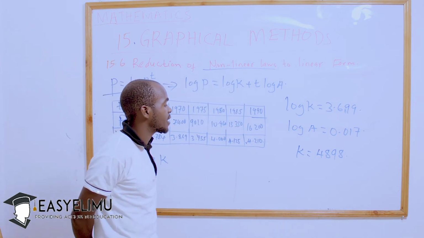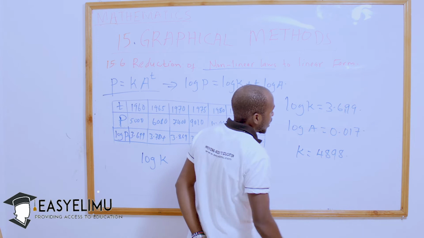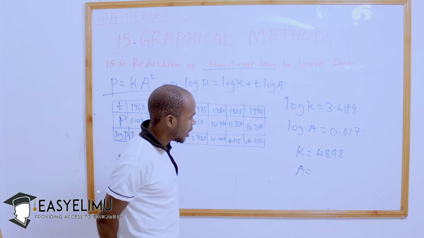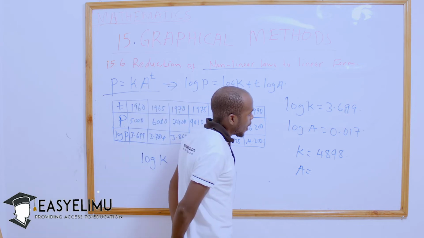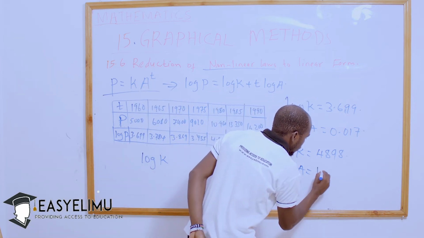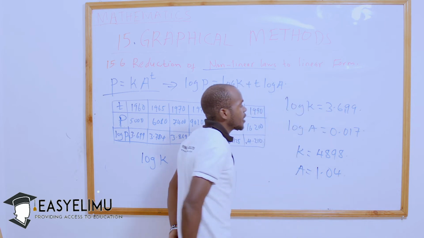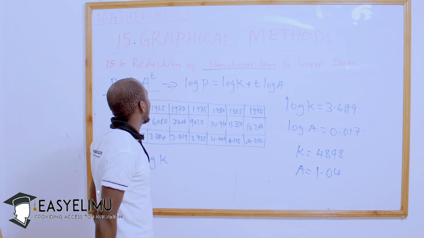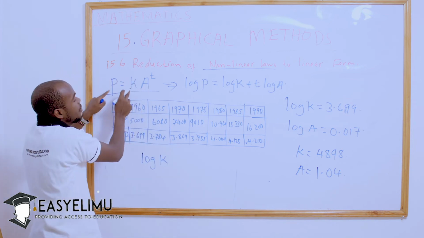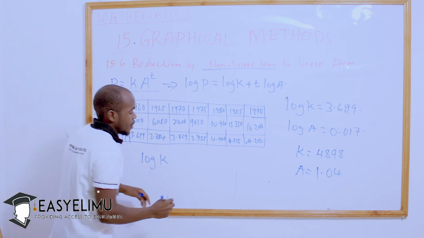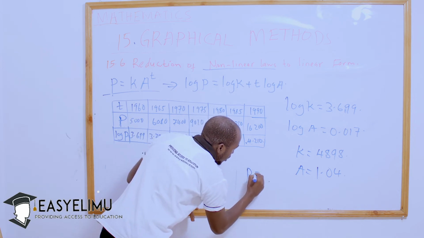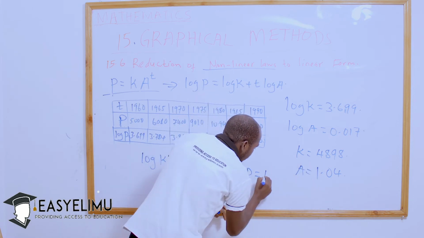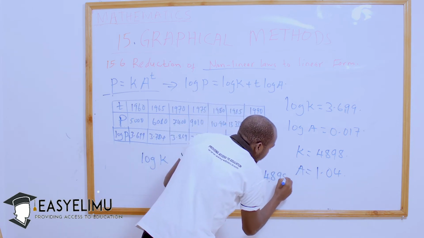So the antilog of that will give us 4,898. So that will be our constant, and if you find the antilog of log a, it will give you 1.04. So we can give the relationship here as P is equal to, now the value of K we have found, 4898.